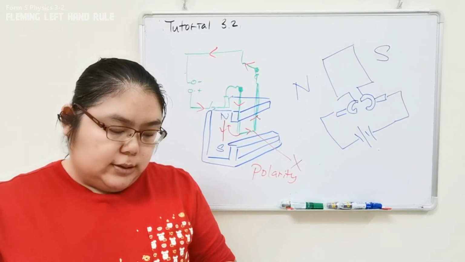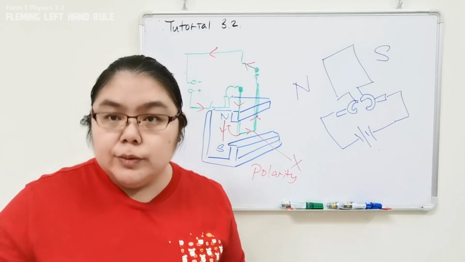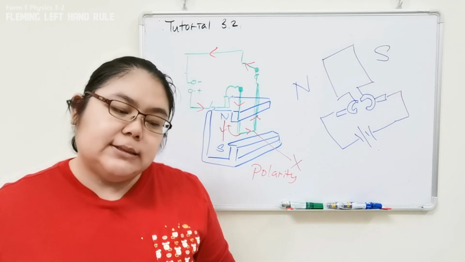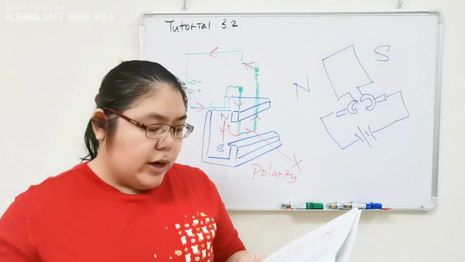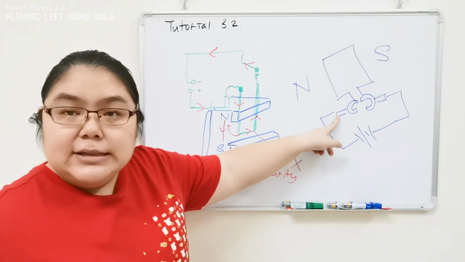Next, label X. What's the name? The name is a commutator. Next, what's the function of the carbon brushes? We have 2 carbon brushes here. The carbon brushes are in the middle.